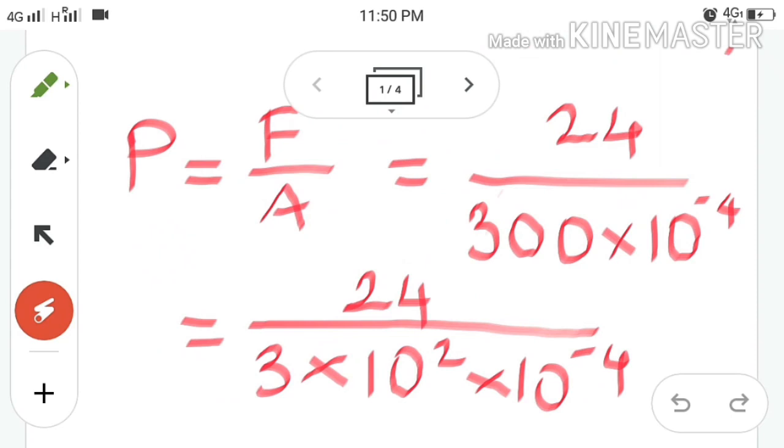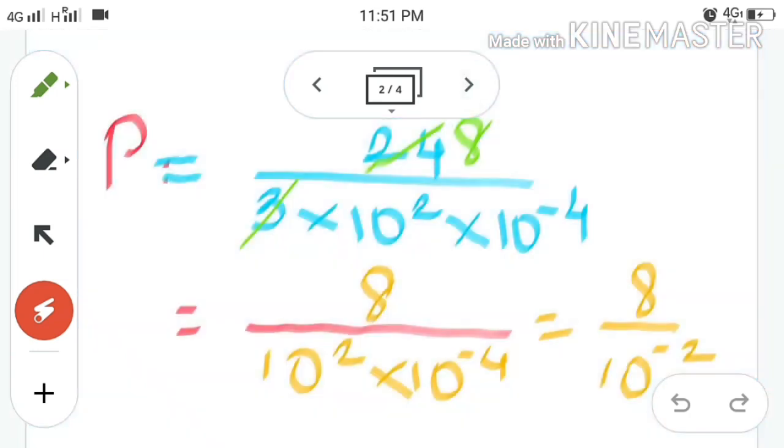In order to find pressure, the formula is written force by area, where I have written the values 24 divided by 300 into 10 power minus 4. Next, below line, I have replaced this 300 as 3 into 10 power 2. Now on further solving the sum, we get the value as 8 by 10 power minus 2 as pressure.